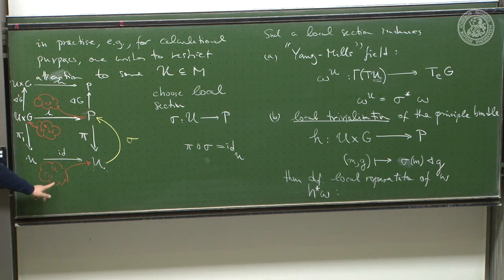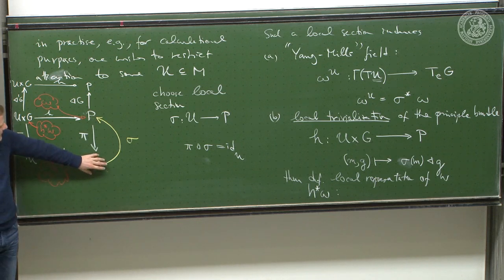And in physics, we usually only write down, I mean, in local coordinates, we write down this Young-Mills field. So the A mu potential in electrodynamics is such a Young-Mills field. The A mu Lie algebra valued field in non-abelian gauge theories is also the Young-Mills field down here. The connection coefficients in differential geometry, say in general relativity, the gamma, mu, sigma, whatever, they're the Young-Mills fields down here.